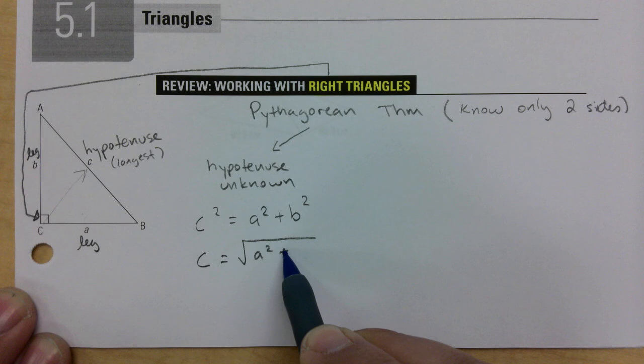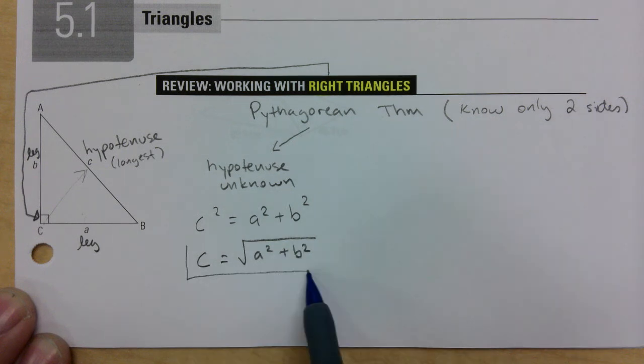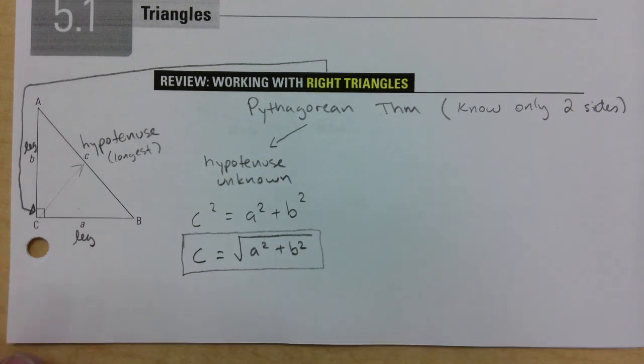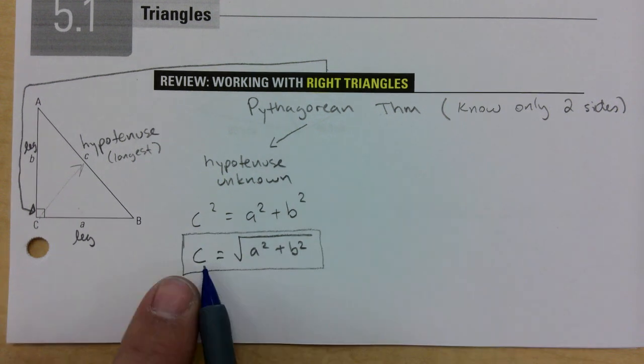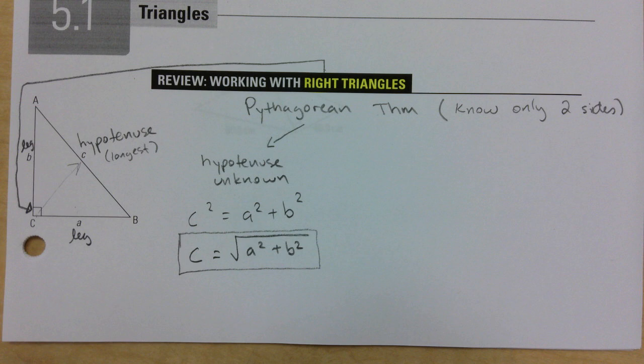This is really where I want to get to. I want you to be able to do this almost right away. If you want your hypotenuse, take the square root of the sum of the squares, right? And I will highlight the plus in there.